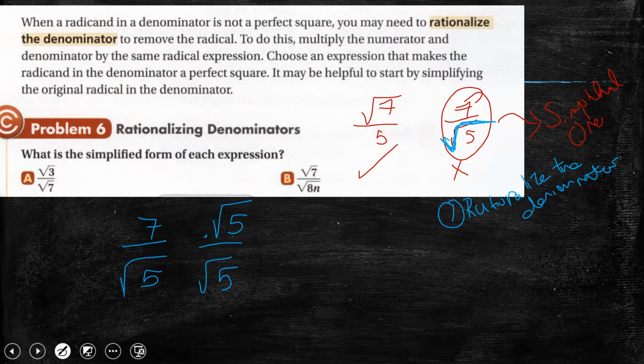Why? Because you know that if you multiply square root of 5 by square root of 5, you get 5. Or you can say that square root of 5 times square root of 5 is the square root of 5 squared, or square root of 25.